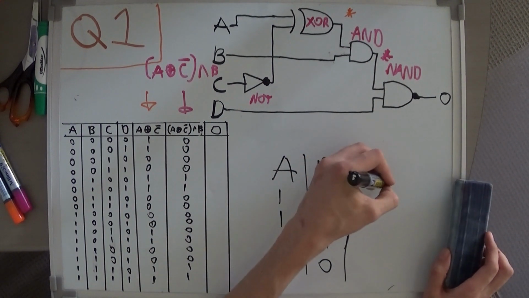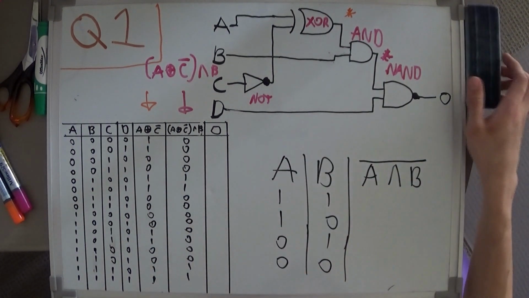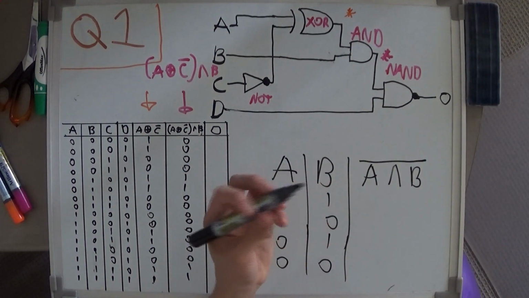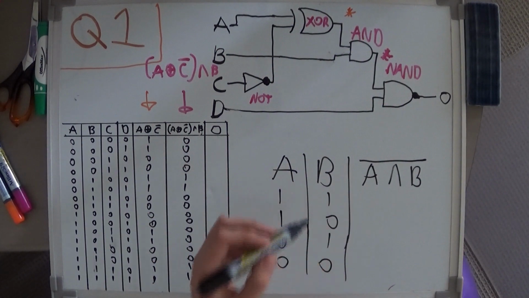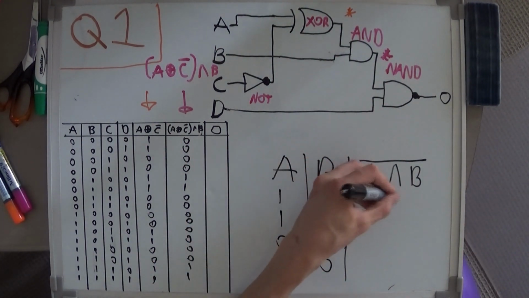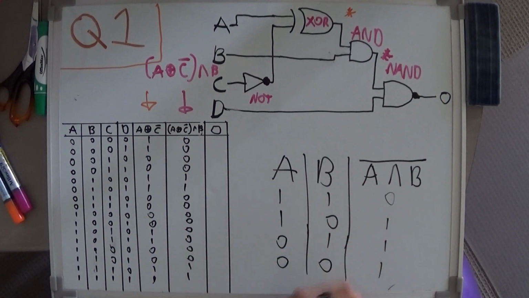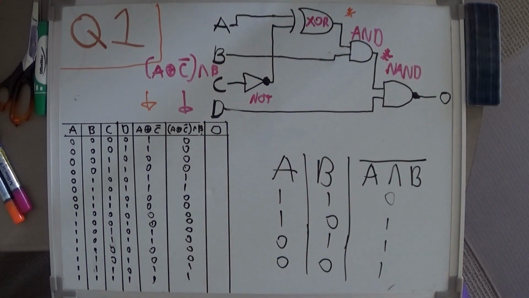A not AND B, I'll just put a bar over the top. It's the opposite of AND. We can think of this as an AND gate fed into a NOT gate. So we'll have 0, 1, 1, and 1. The output is high when A and B are not both high.